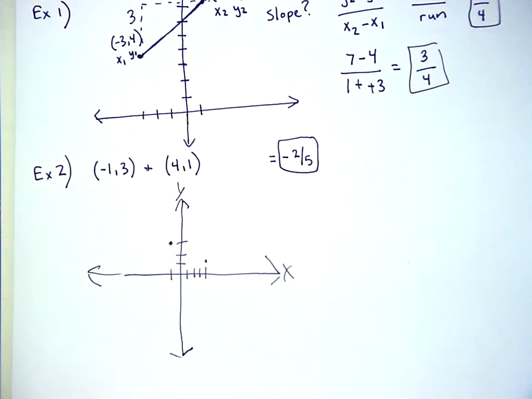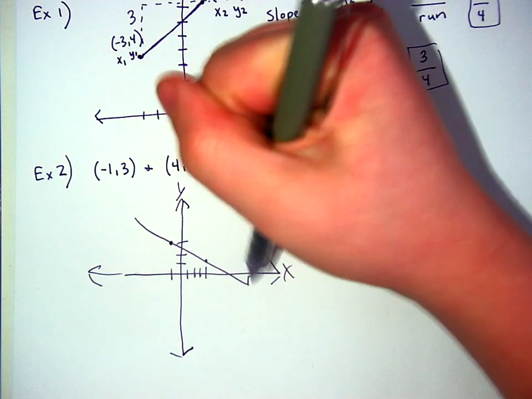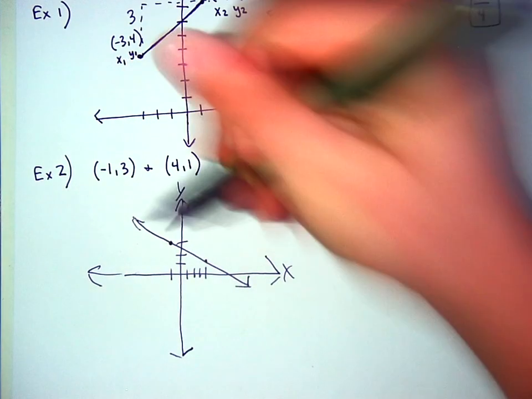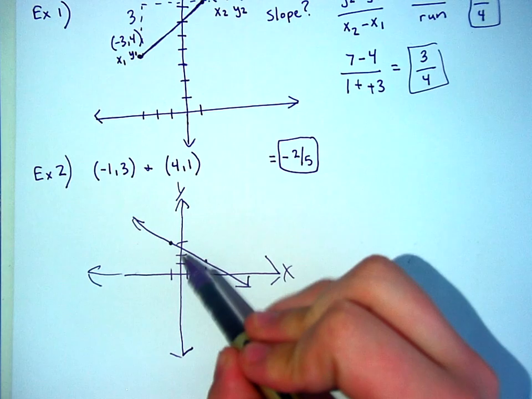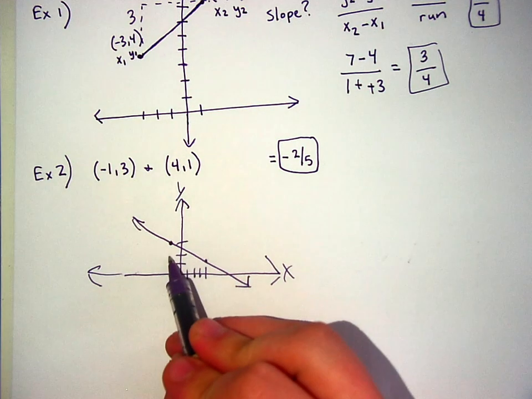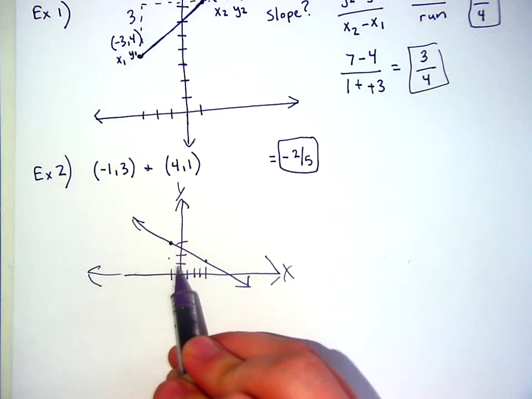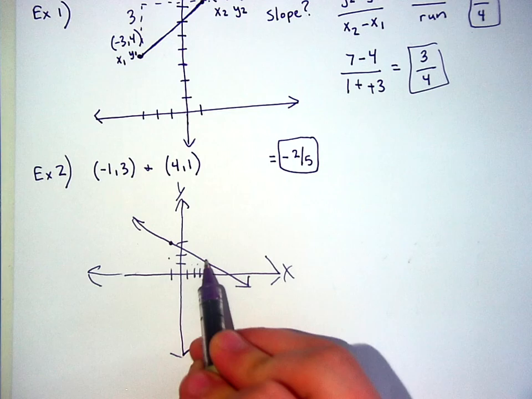And then draw a line connecting them. And then you're going to count the amount of spaces that it takes. You're going down, over, right? So it should take 2 down. Mm-hmm. 5 over. 2, 3, 4, 5.